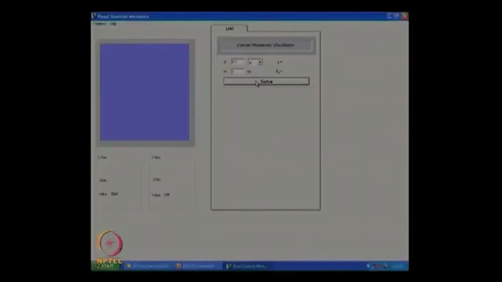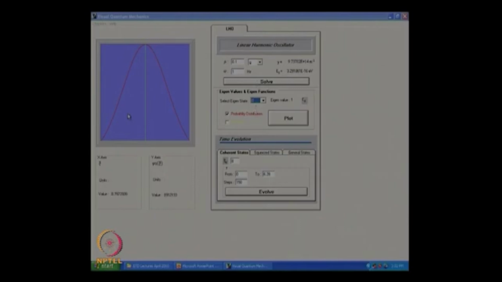Let me come back to this in a moment, but as I had told you earlier, we have developed this software, and these are the wave functions. This is the ground state wave function, and the energy eigenvalue is E0, which is half h cross omega. Let me plot the first eigenfunction. This is an antisymmetric function, and the eigenvalue is 1 plus half h cross omega, that is 3 by 2 h cross omega.